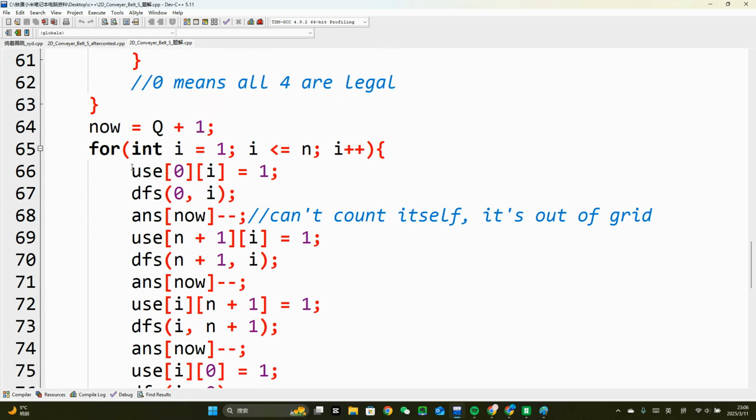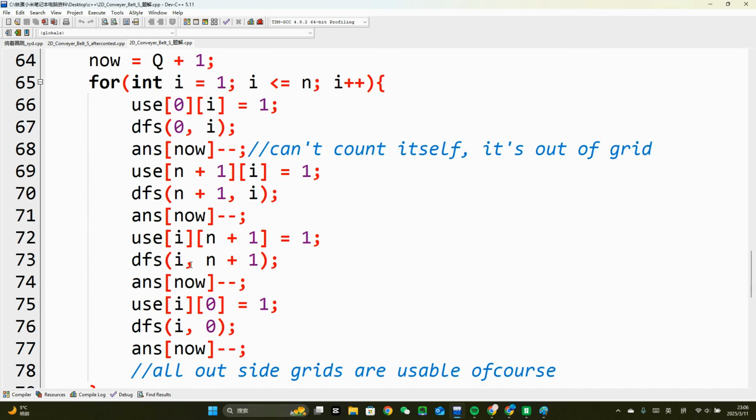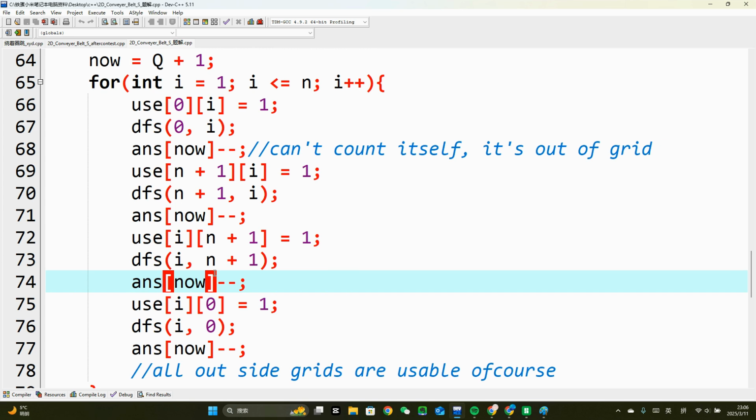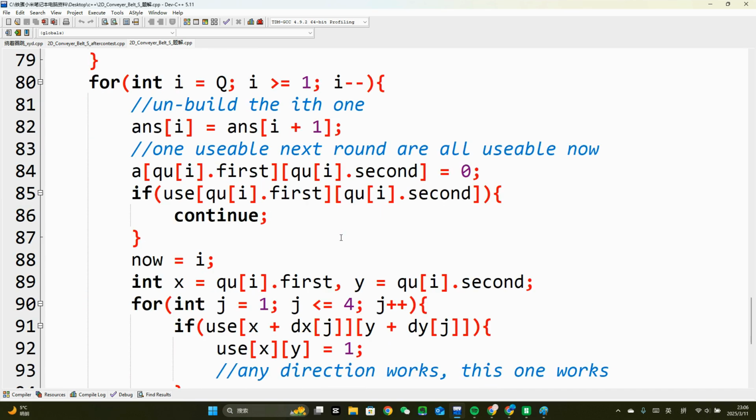So this is the answer for the grid after all constraints, which is going to be the last one that we output. And we also do a pre-DFS process where we start from any border cell that's originally usable, of course, and every single cell that can be reached through a reverse DFS process from any border cell is also usable at the beginning.